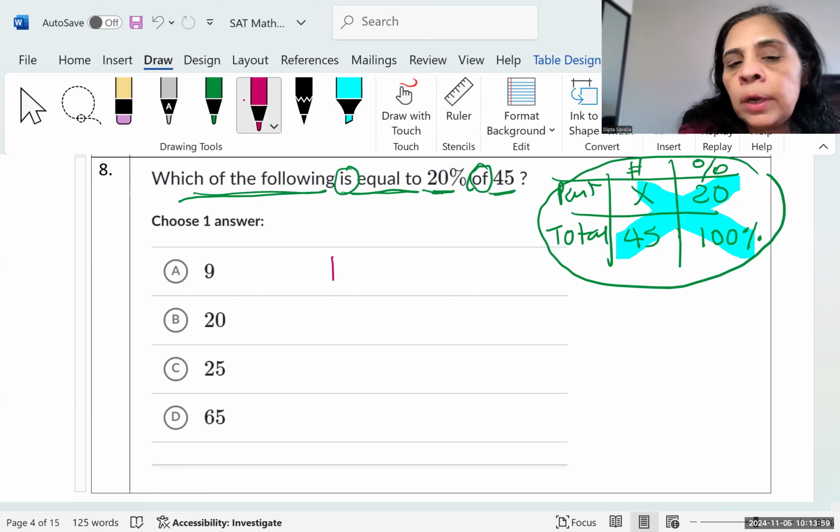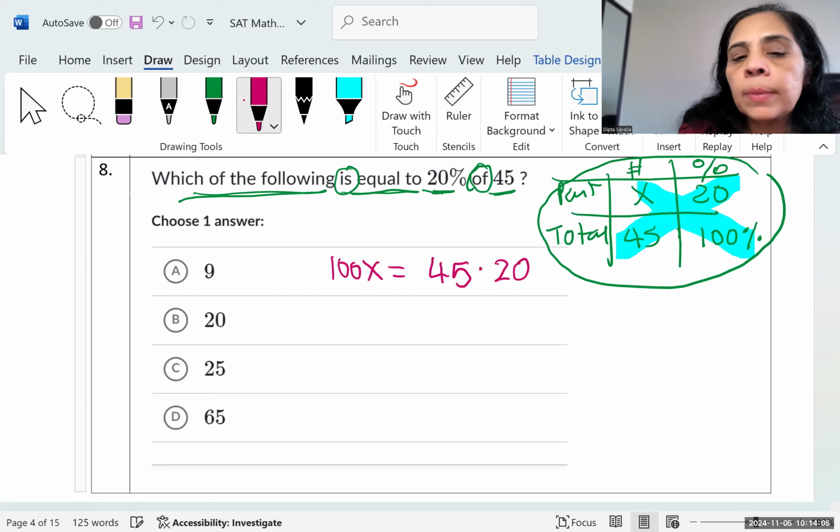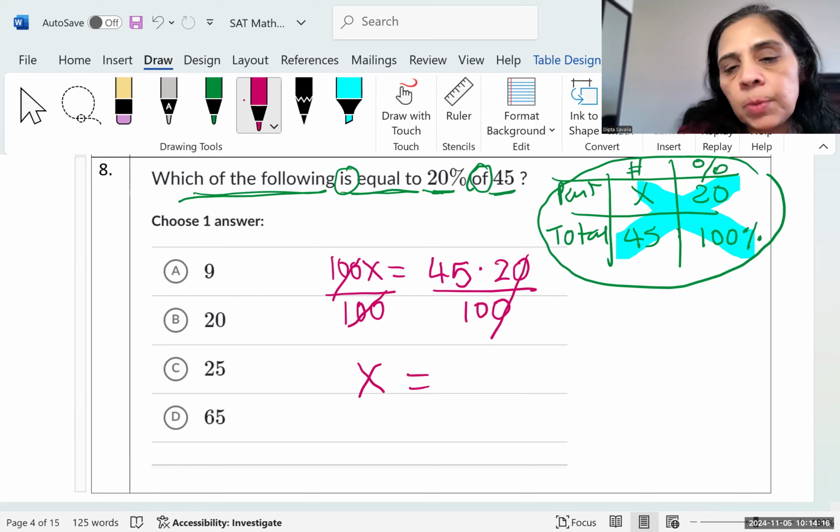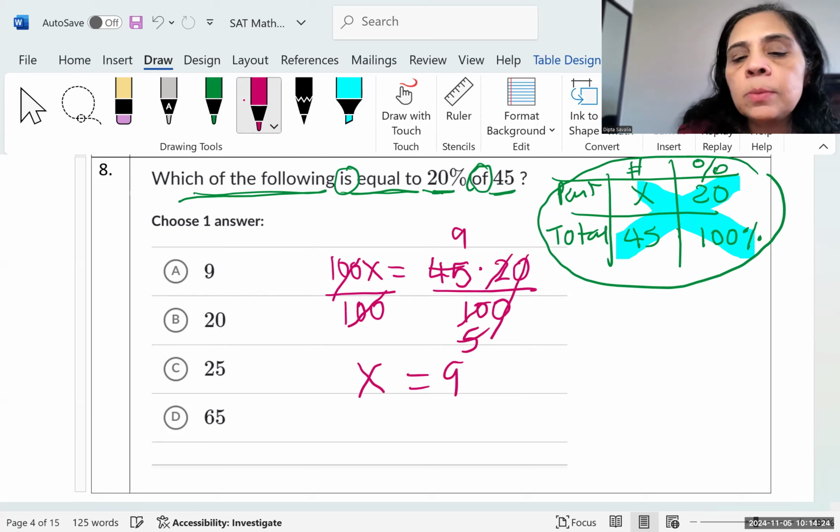So 100 times x is 100x, 45 times 20. And now we can just simply divide by 100 on both sides. So we can have x equals, you can cancel zeros because you can divide by 10. And 2 times 5 is 10, 5 times 9. So the answer is 9. Also, you can use a calculator.